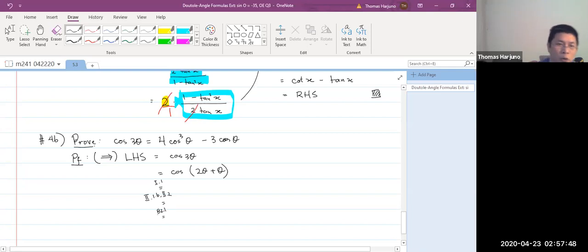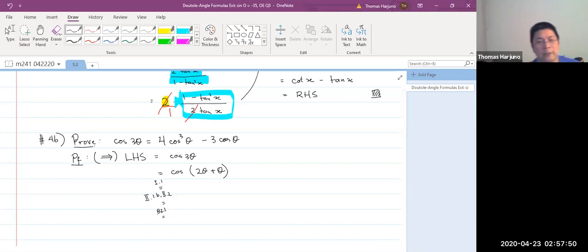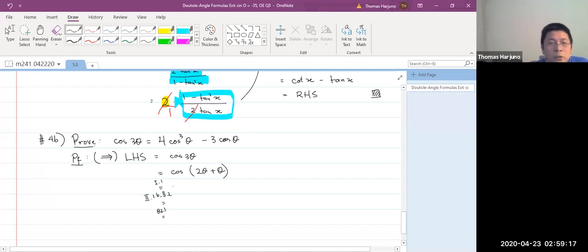If you don't know what those are, just work it out first. Basically, what you need to do next is to use some cosine of sum formula, and then apply the double angle formula for cosine and the double angle formula for sine. So this would be cosine 2 theta times cosine theta minus sine 2 theta sine theta.